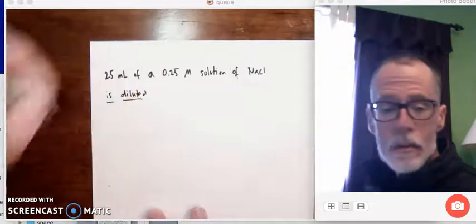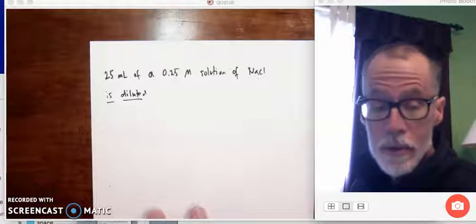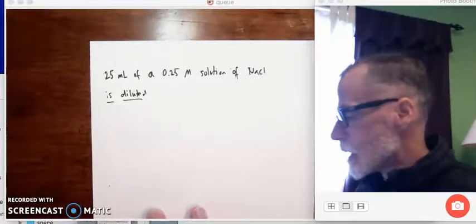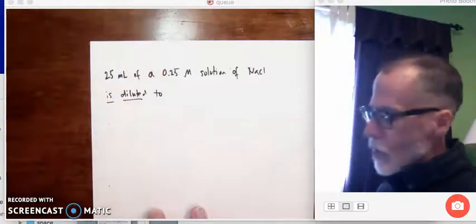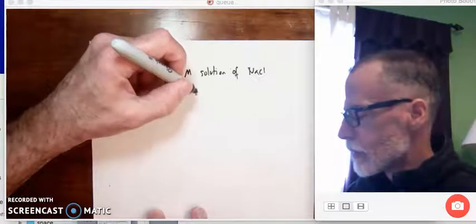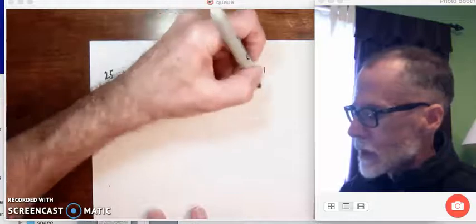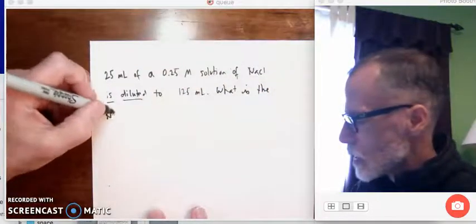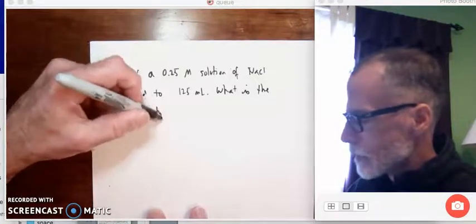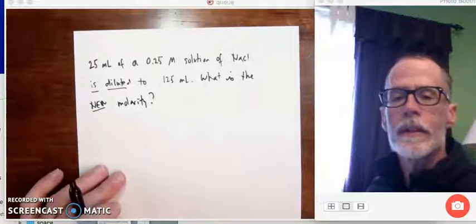If you see the words "is diluted," you're going to realize it is a super important dilution equation kind of problem, and you're going to have to do the tricks that I'm about to show you. Is diluted to, I don't know, 125 mL. What is the new molarity?